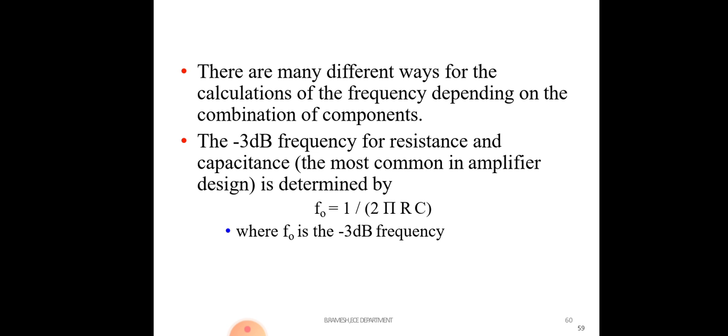Generally the CE amplifier contains three RC networks. One is the input side RC network, another is the output side RC network, and another one is the bypass network. On the input side there is a coupling capacitor in series with the resistances R1, R2 and the device resistance, which shows a high pass filter.